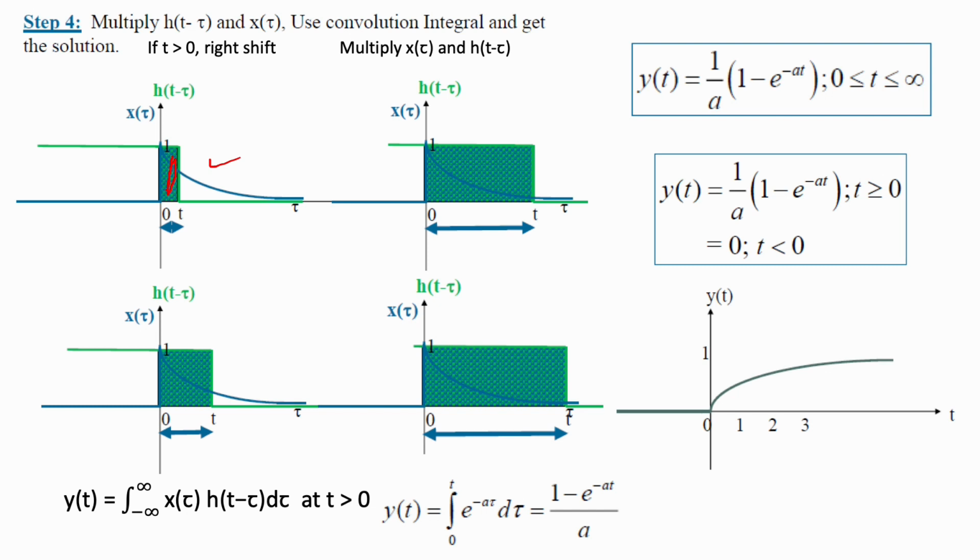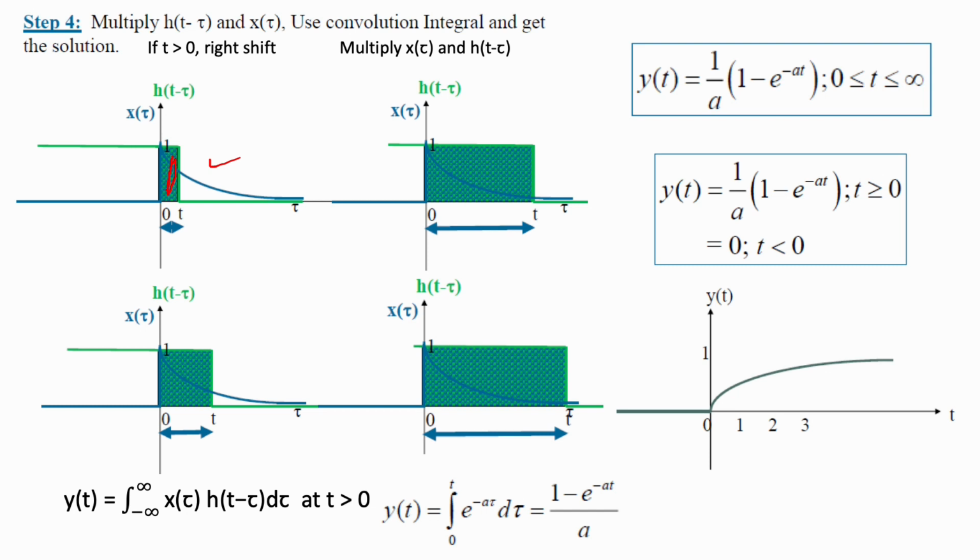the signals. What is the amplitude? This amplitude is 1. This is exponential, e power minus tau. And what is the limit? 0 to t. So for this signal, this is the limit.